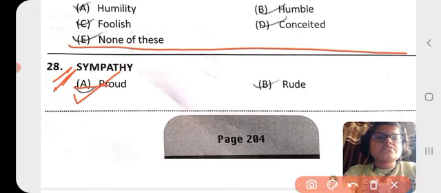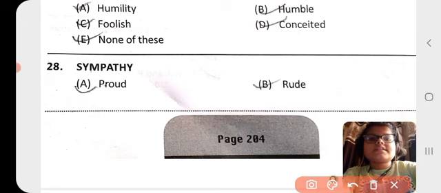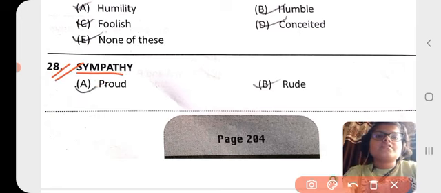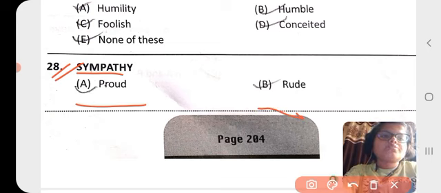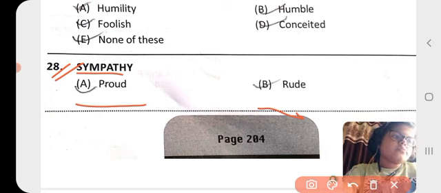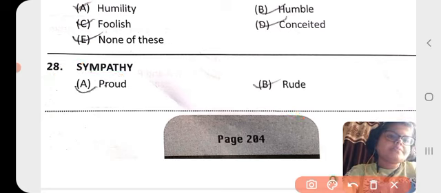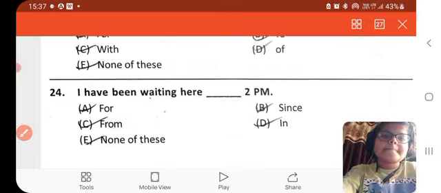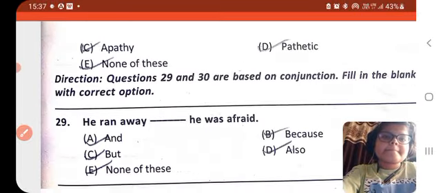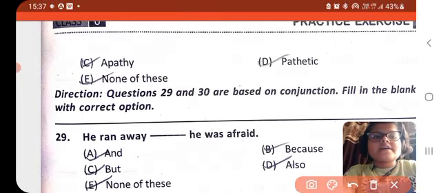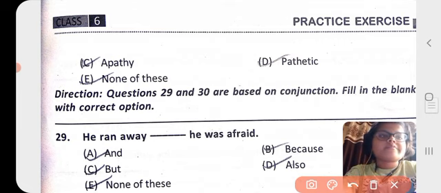It is sympathy. The options are proud, rude, and let's see the other two options. Both are wrong. Apathy and pathetic.